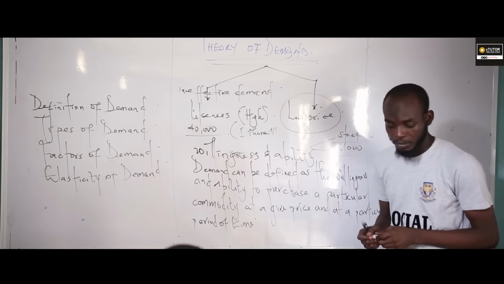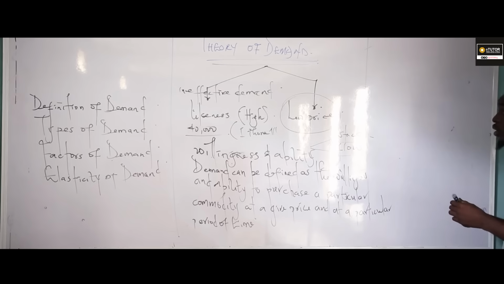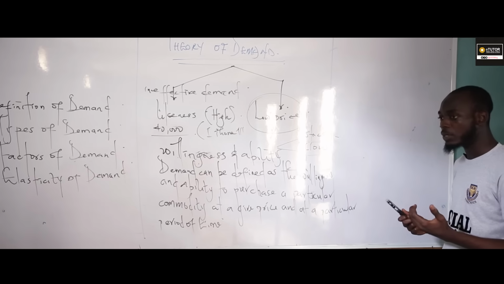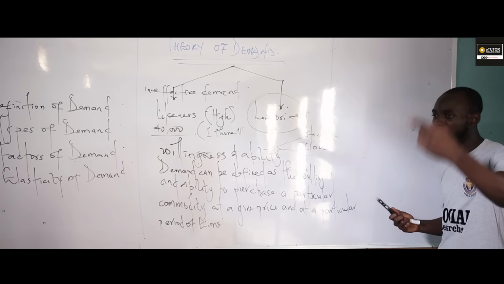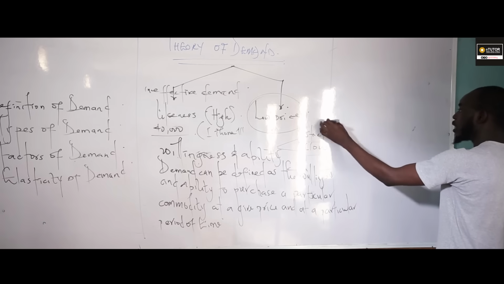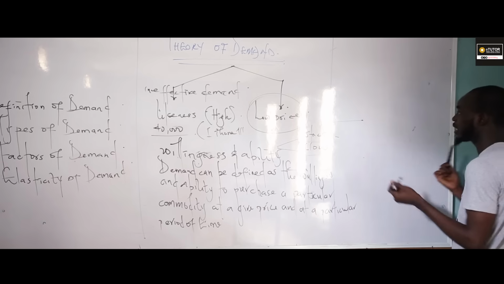So apart from this, we also have what we call the types of demand law. Actually, under demand, the law that we do have is subdivided into two.